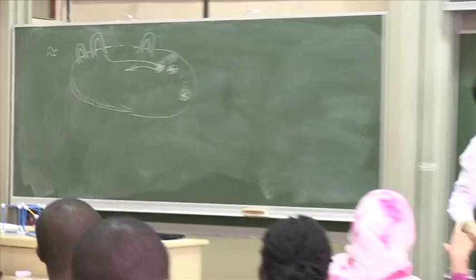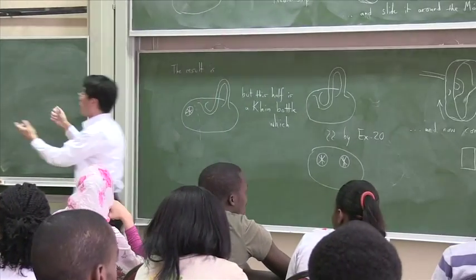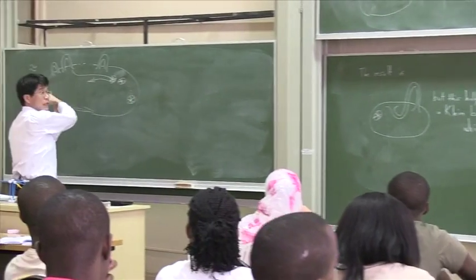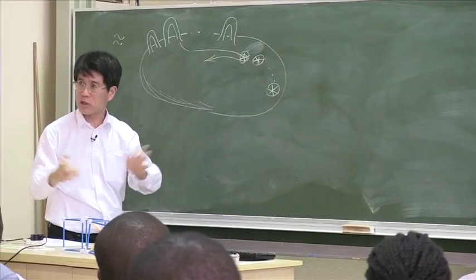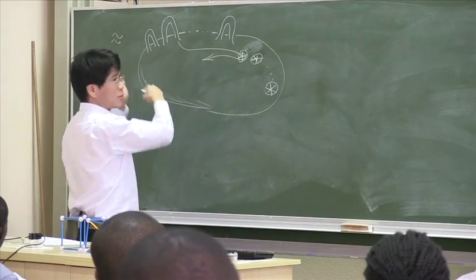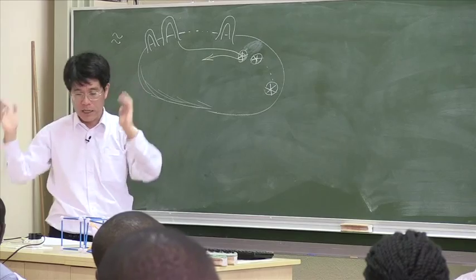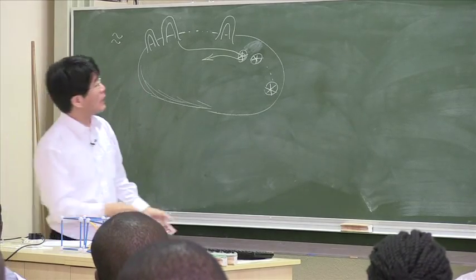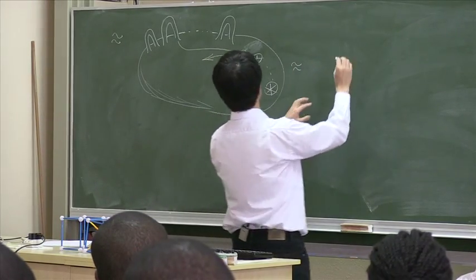Exactly by this process. So after you slide this, in the course of which you are not changing your homeomorphism type, it's always the same surface, I'm just deforming it continuously without tearing anything, you end up with this picture.